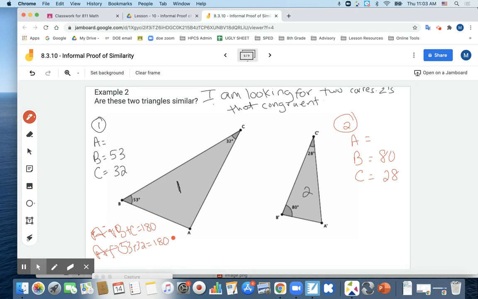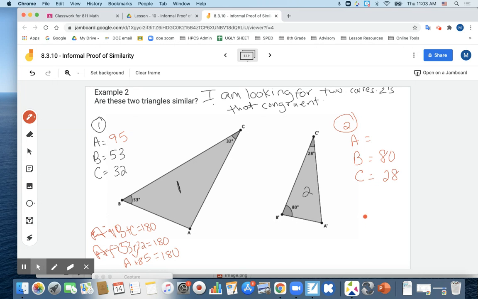I'm going to use my calculator. 53 plus 32 is equal to 85. 85 plus something equals 180. So now I'm going to subtract. Now I know that A is 95.